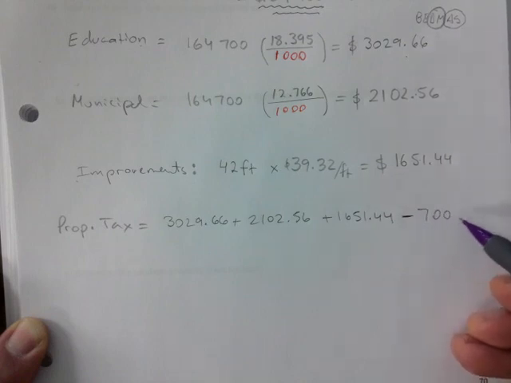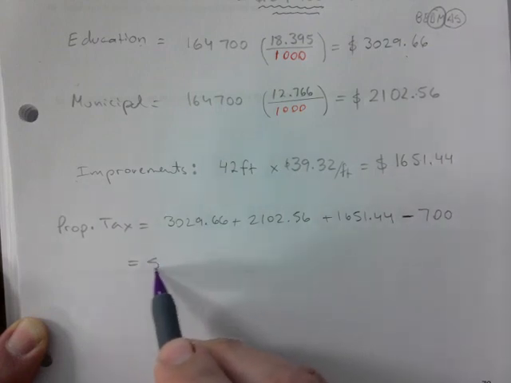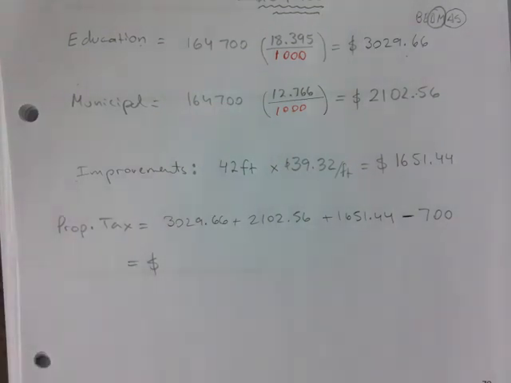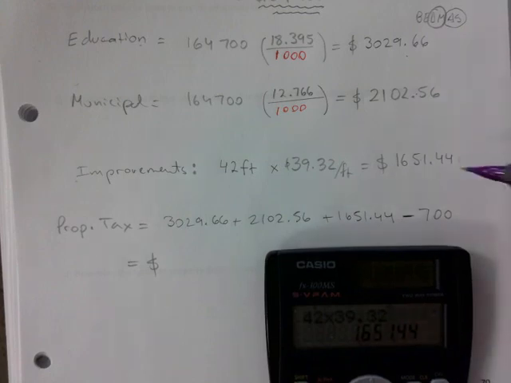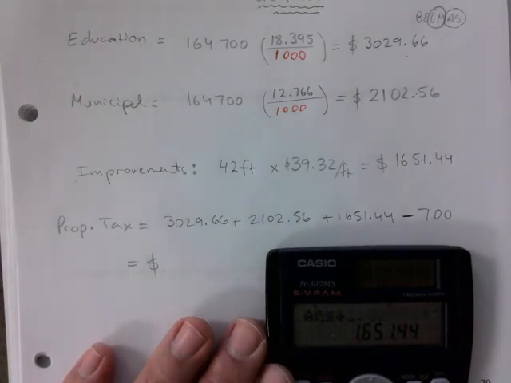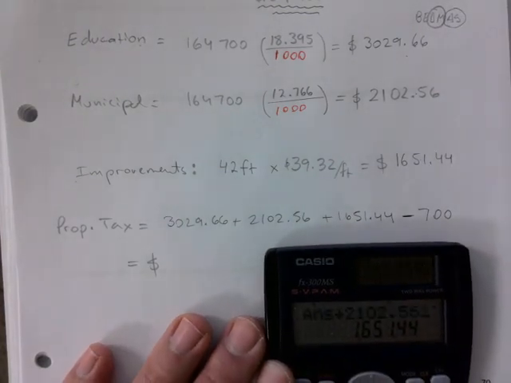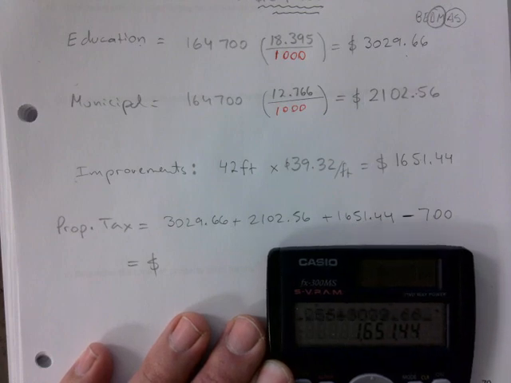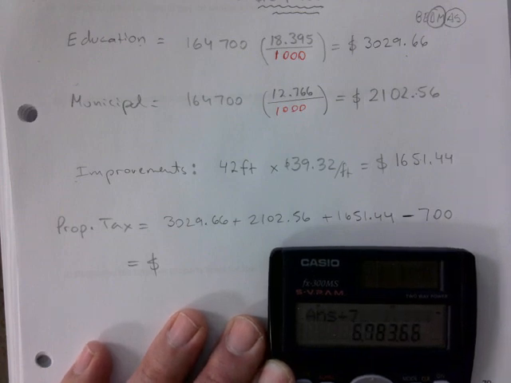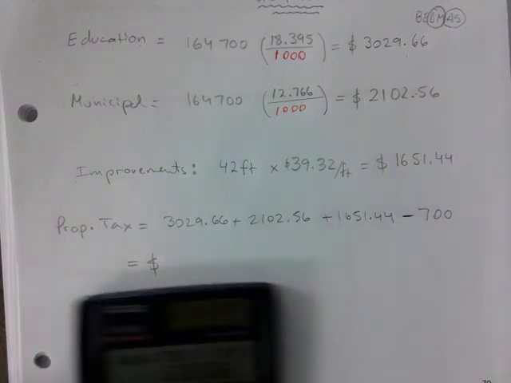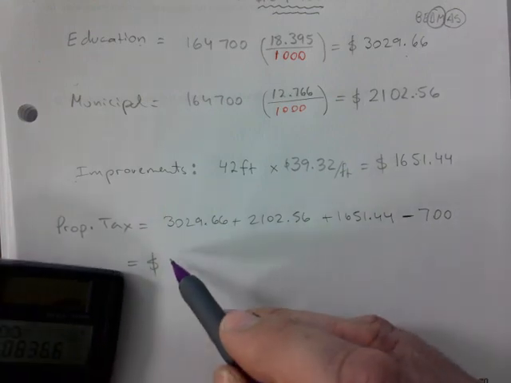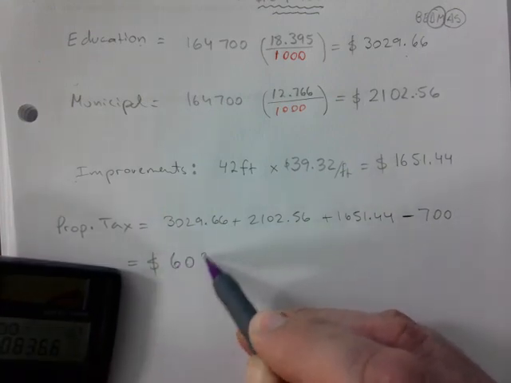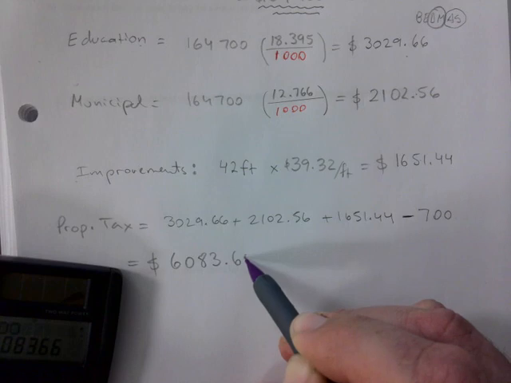There isn't always a credit, so if it's not there, you just don't worry about it. So I already have this number on my calculator, so I'm just going to add the rest. Minus 700. And so 6,083.66.